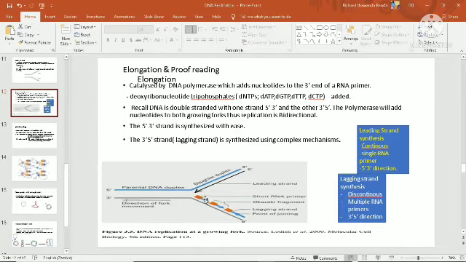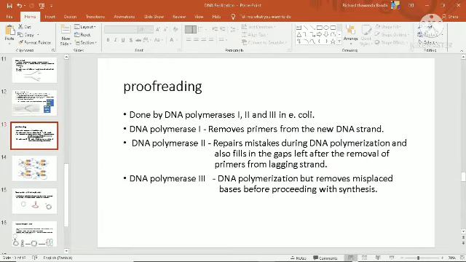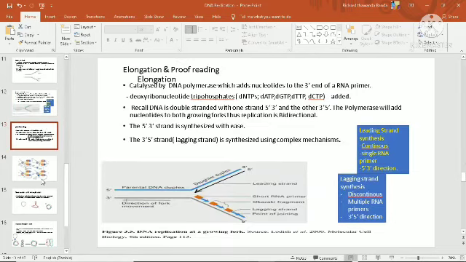So the DNA polymerase will come in and fill those gaps. Polymerase 2 is the one which fills the gaps. Polymerase 1 will come in and change this RNA primer into a DNA molecule. And I've talked about the proofreading during elongation.